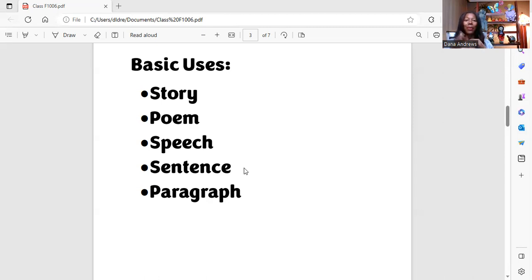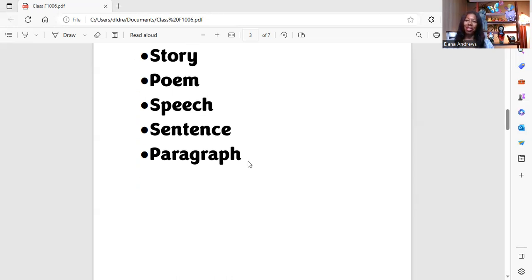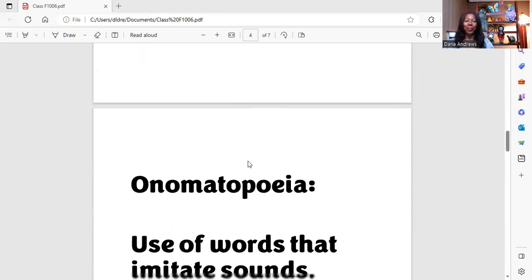So why not throw in some figurative language? Paragraph, wonderful paragraphs. Oh, the paragraphs you can write using figurative language. I can just read them right now. So there are many uses for figurative language. So go ahead and use them all. And of course, make your teacher happy while you're doing it.